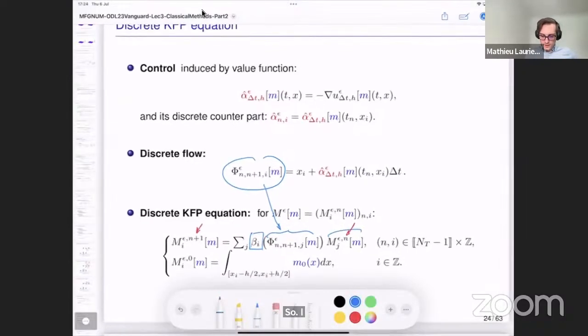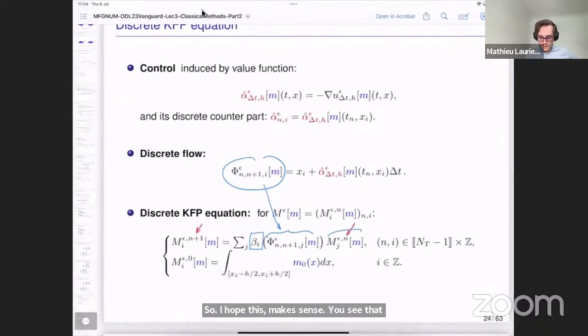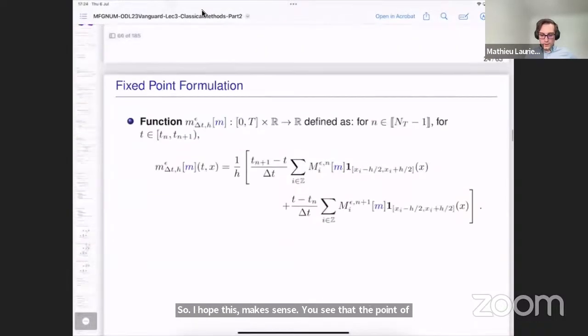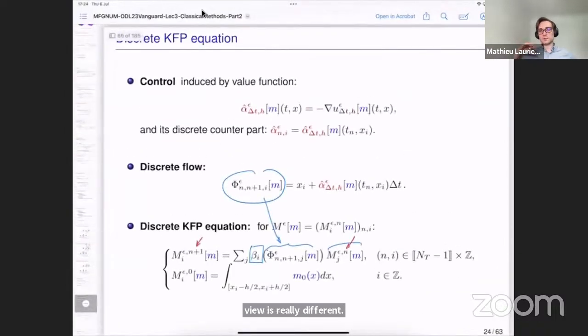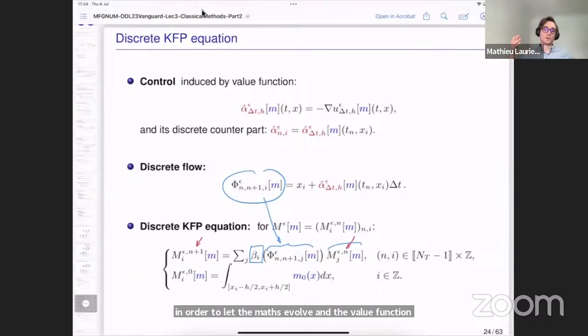I hope this makes sense. You see that the point of view is really different. The point of view is really to use this Lagrangian approach in order to let the mass evolve, and the value function is defined not using a backward differential equation or finite difference equation, but really using the definition of the value function as the sum of future costs.